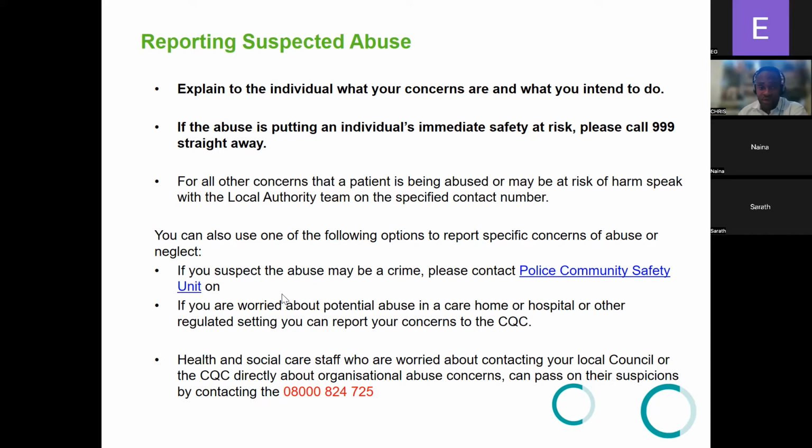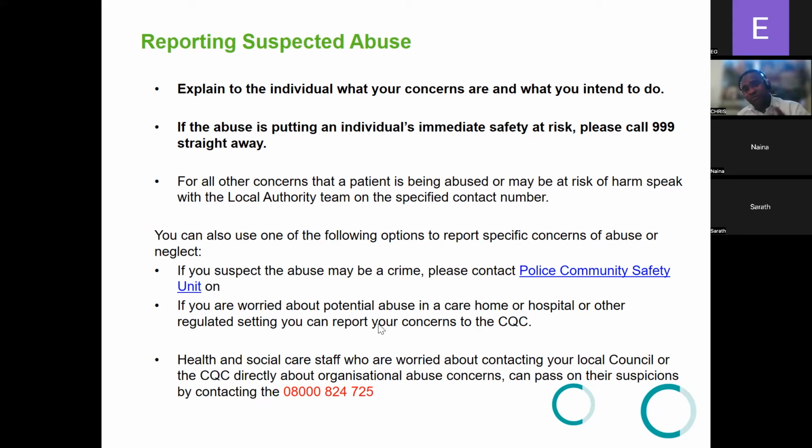If those don't work, or you've gone beyond those and you think the issue is still prevailing, and you are worried about potential abuse in a care home, hospital or regulated setting, maybe a daycare center or a residential home, you can report your concerns to CQC.